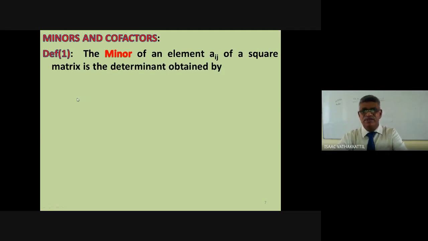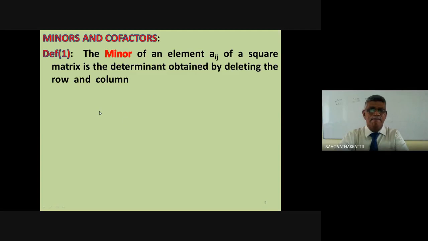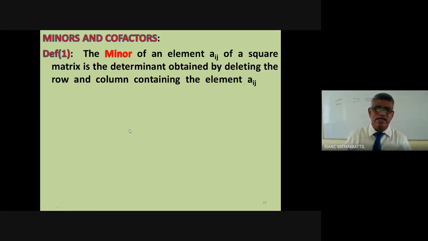See, now we are mixing up minor, matrix and determinant. The minor of an element Aij of a square matrix is the determinant obtained by deleting the row and column containing that element Aij. If you delete that column and row containing Aij, you get a determinant.